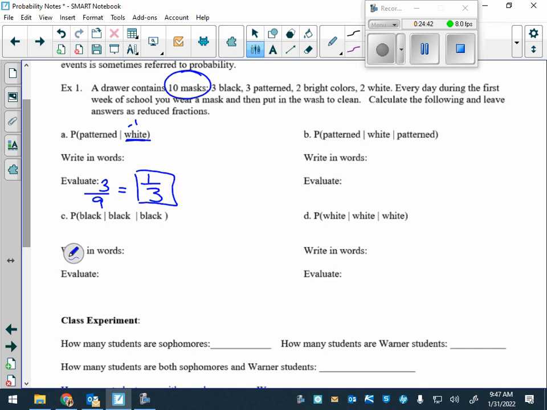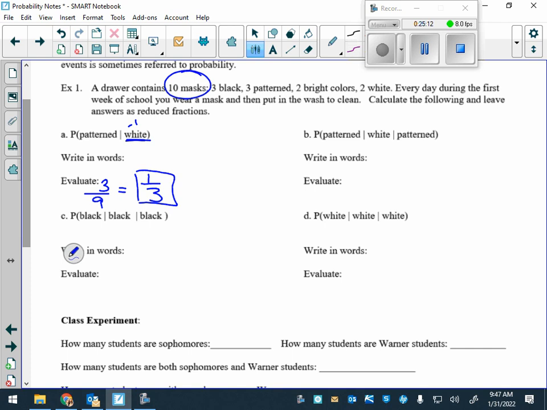So that just stated the probability of choosing a pattern mask given that you have already chosen a white mask. Make sense? Okay. Now, looking at B, the probability of selecting a pattern mask given that you have already chosen a white and a pattern.